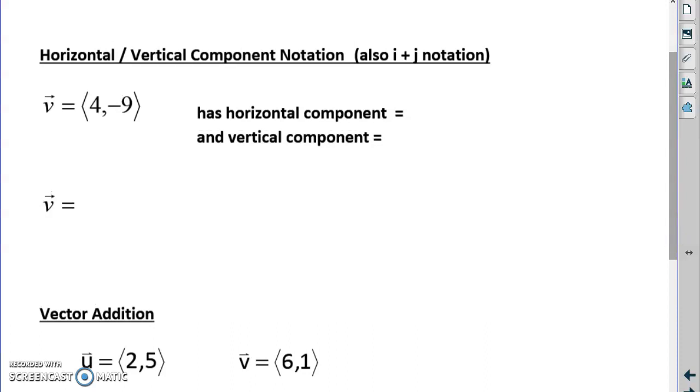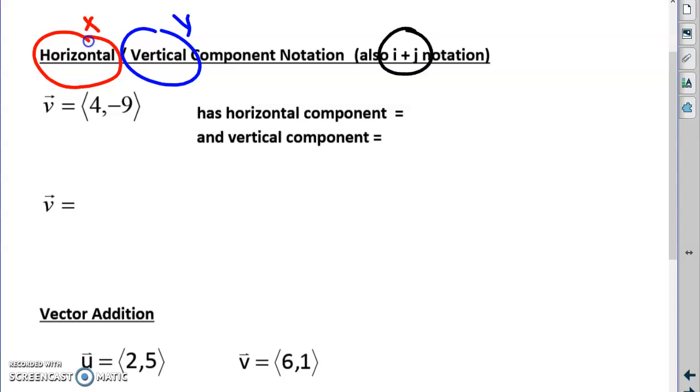Sometimes physics folks like to write vectors not in components, rather they're horizontal and they're vertical. Horizontal is simply the x-coordinate. Vertical is the y. But instead of writing it as an ordered pair, they write it in IJ notation.